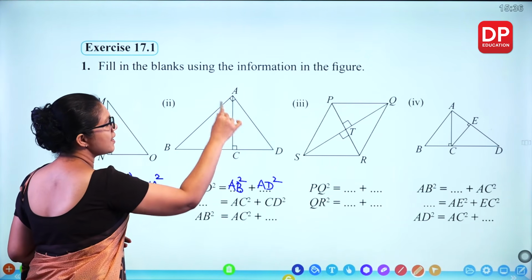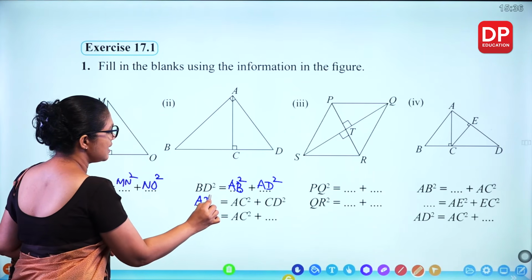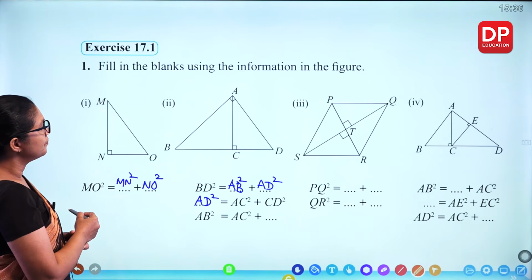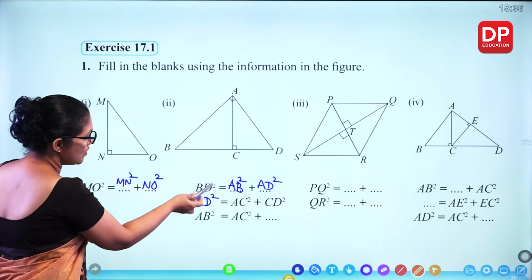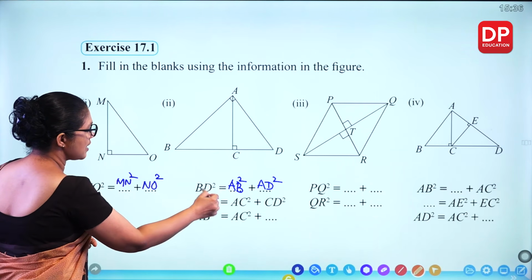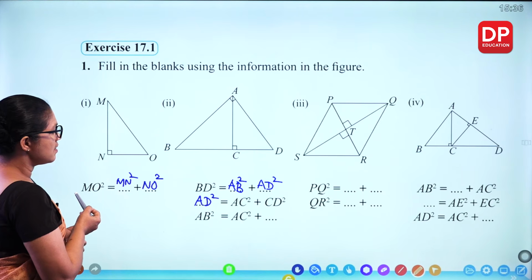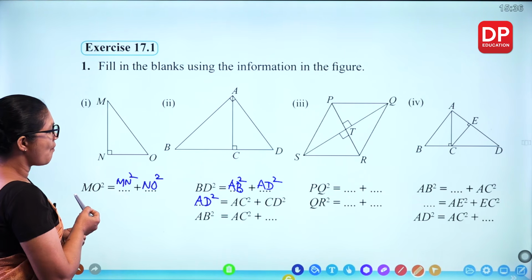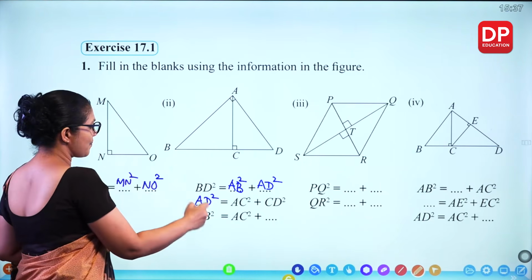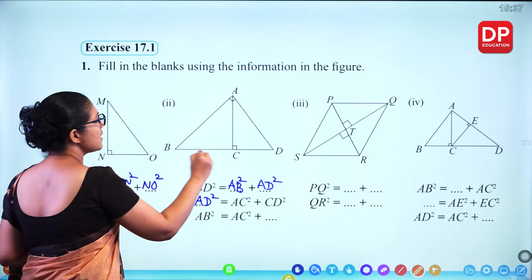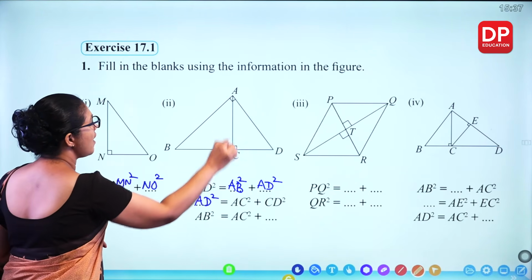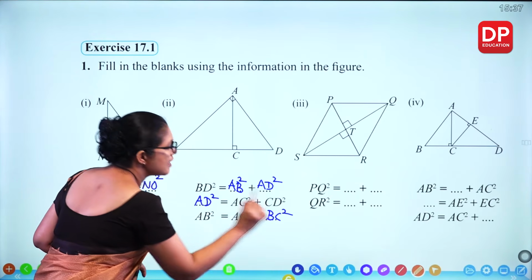That's triangle ACD, that's AD squared. So what is AB squared? Look at these two. AD squared gets cancelled out. Without that, what is AB squared? Now take this triangle, triangle ABC. So what's that? AC squared plus BC squared.